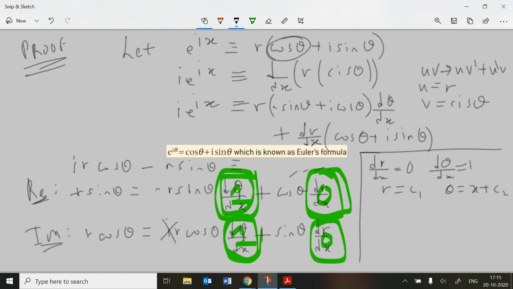But if we set theta equal to 0 here, there's now no imaginary part, and then this part is going to give us cos of 0, which is equal to 1. So theta is 0, this gives us 1 here, and therefore r has got to be equal to 1 as well.